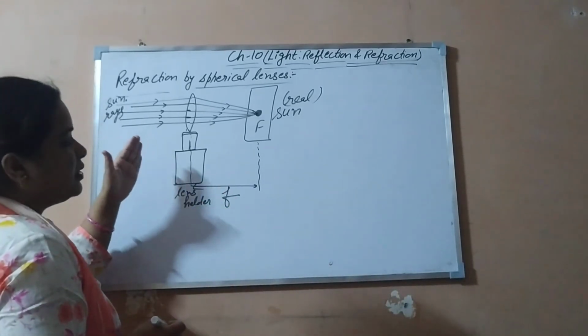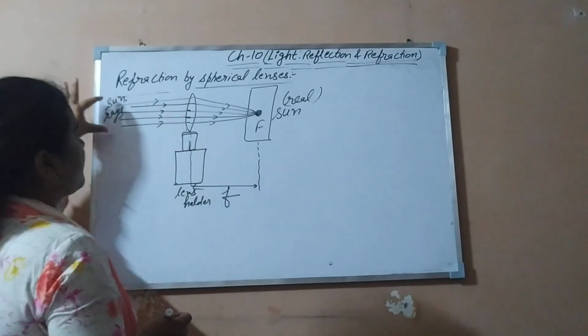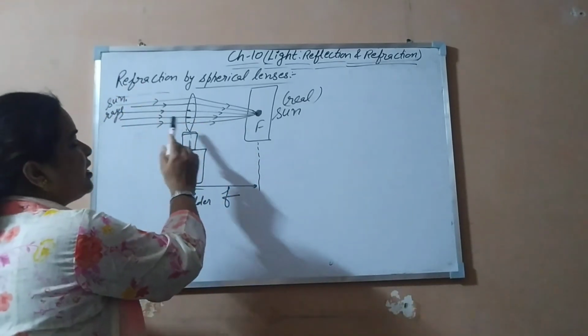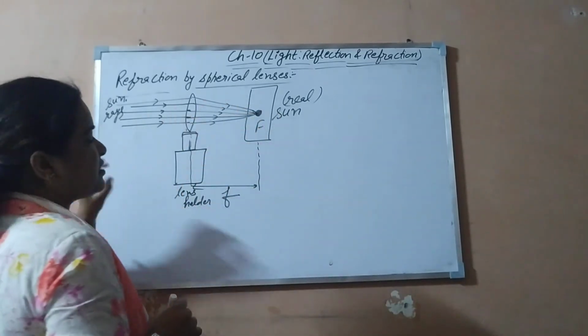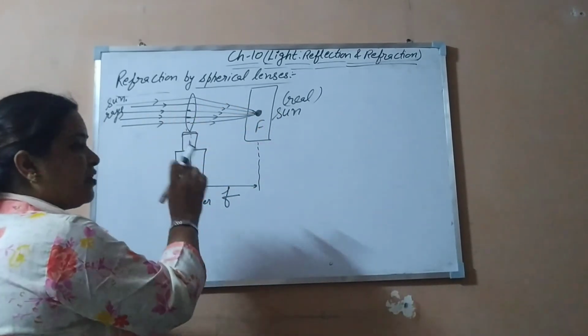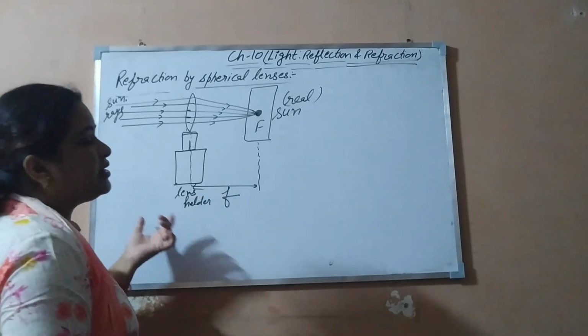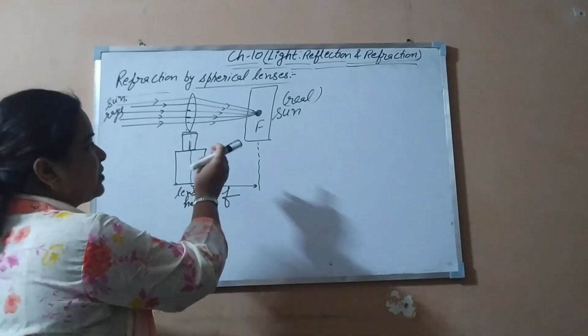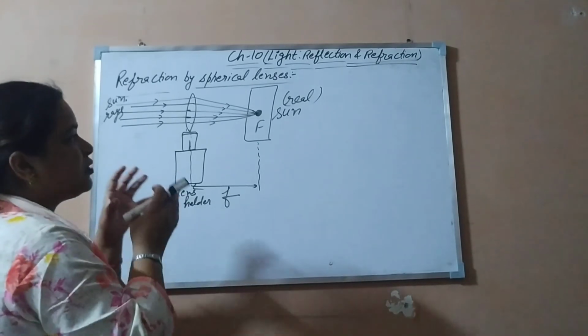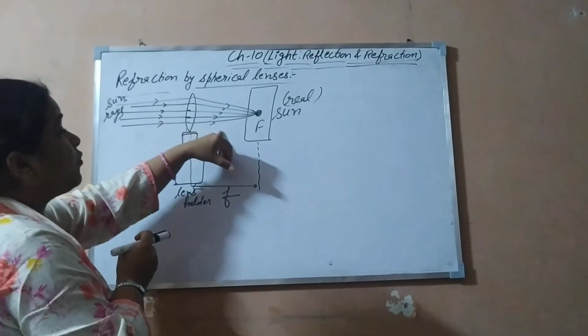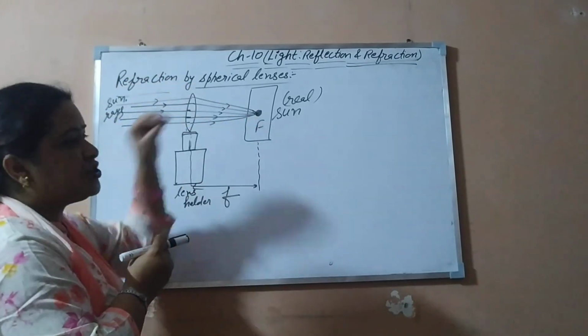We take a lens and a screen, and adjust the sun rays so that after refraction we get a bright spot on the screen. This bright spot is the image of the sun, and we fix it there for some time, and we observe that the paper starts burning. This is how we can find the image of the sun. What you are watching is a number of parallel rays converging to one point.